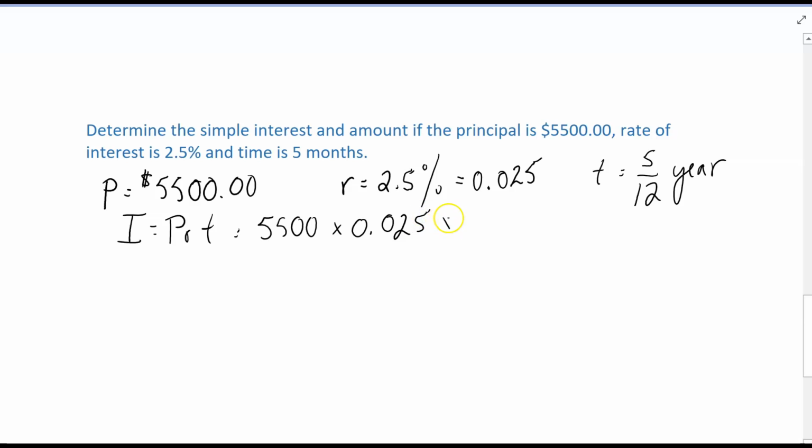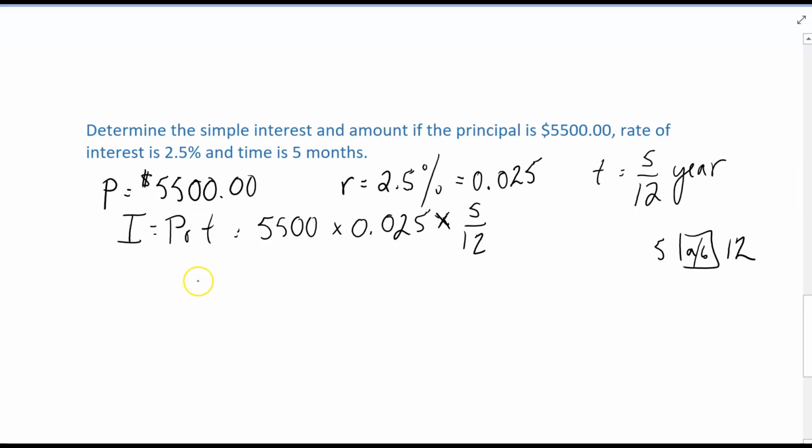$5,500 times 0.025 times 5/12. Now, to enter 5/12 on your calculator, you could enter 5 a b/c 12 if you have a fraction key, all right? We can also just do times 5, divide the whole thing by 12. This is all multiplication and division.